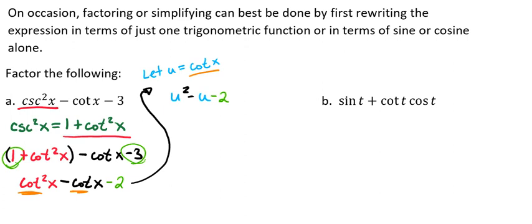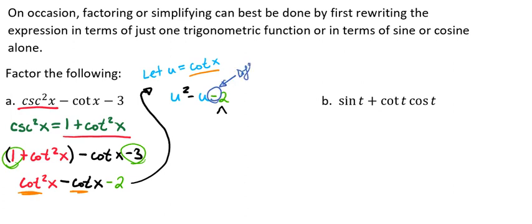So now, how do we factor? Here we're looking for two numbers that will multiply to -2 but add to -1. You might remember this hint from your Algebra 1 days.